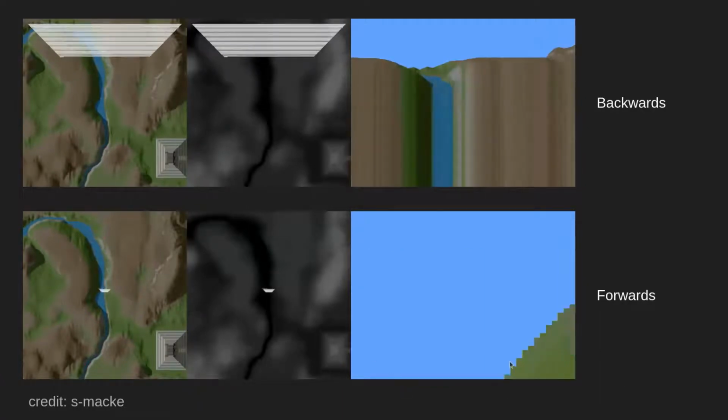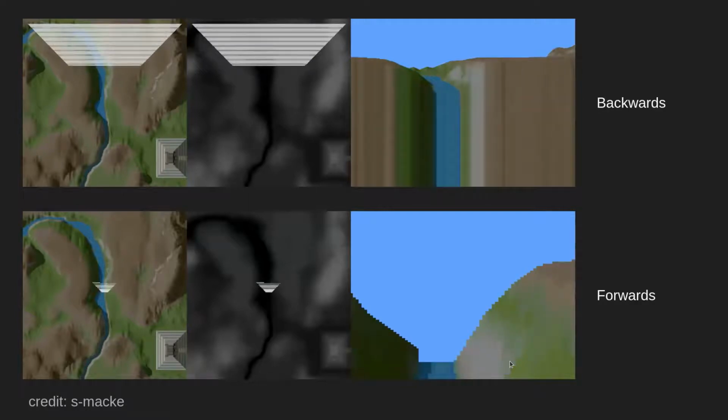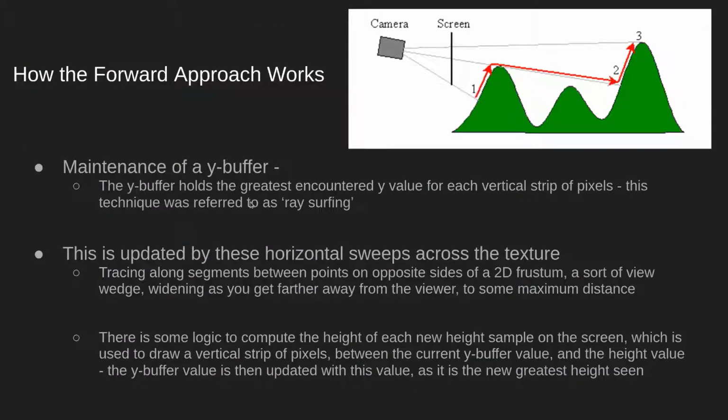Basically, it maintains a Y buffer, with some logic to translate the sample of height into the height on the screen. The Y buffer contains the highest Y value that you've seen so far in the rendering process for a given column on the screen.